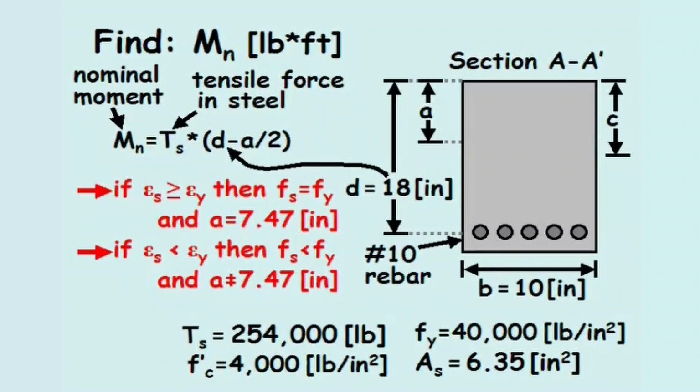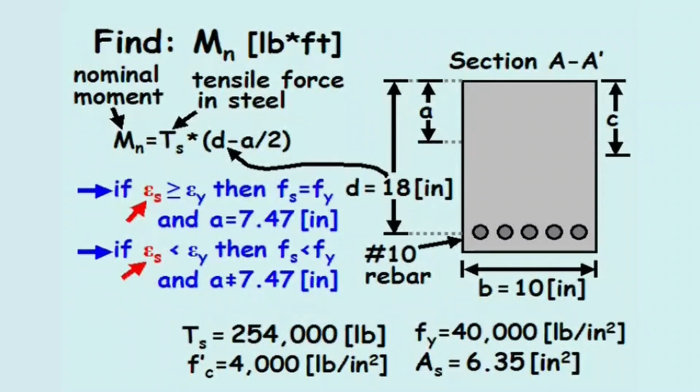If the strain in the steel is at least the yield strain in the steel, then the stress in the steel equals the yield stress, as we assumed, and A equals 7.47 inches. If the strain in the steel is less than the yield strain for the steel, then we'll have to recalculate the stress in the steel and recalculate the value of A.